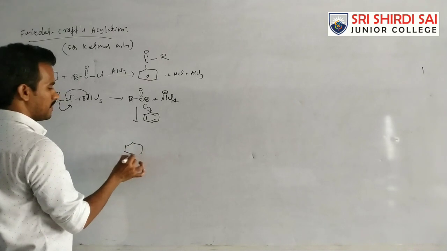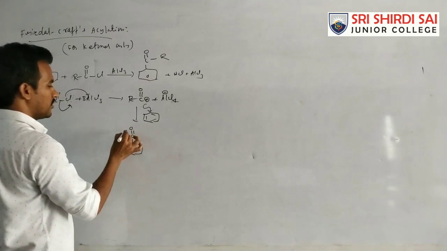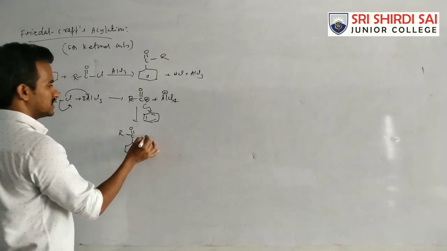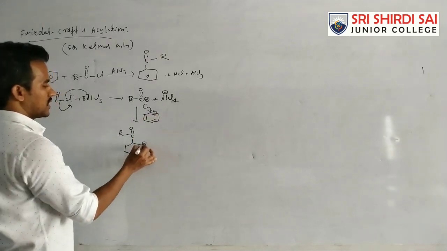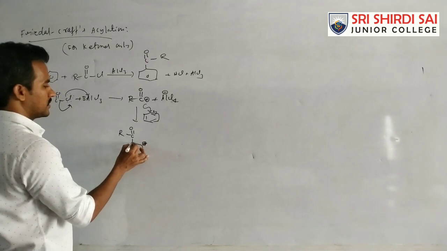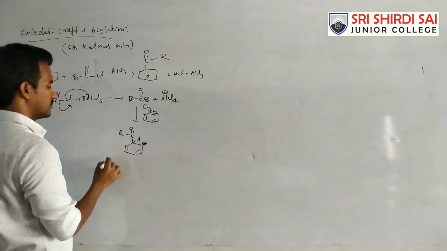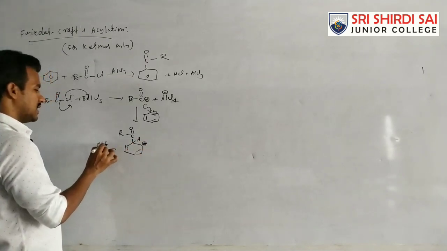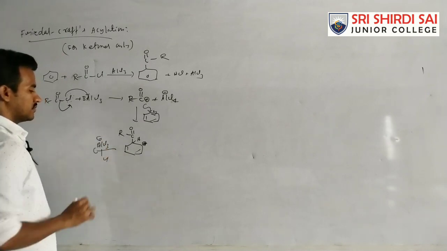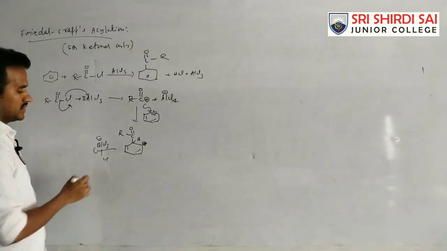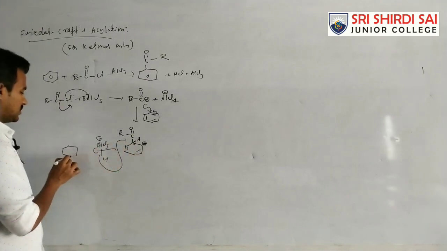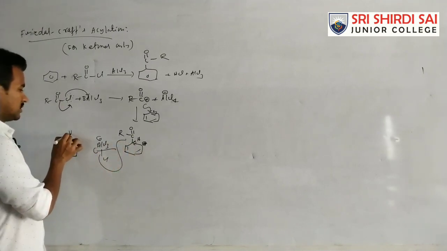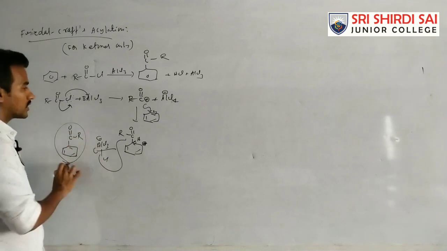So here electron transfer happens, giving a positive charge, and there is a hydrogen. Now AlCl4 minus, the Cl minus, removes the H plus. So the product is the C=O compound.